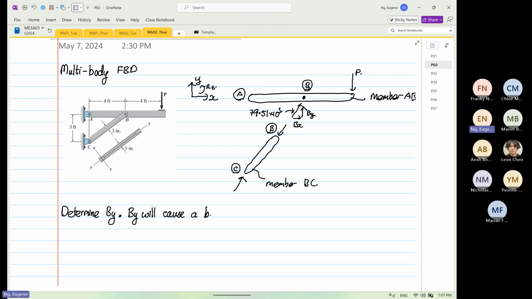a bending moment about point A, because point A is pinned.